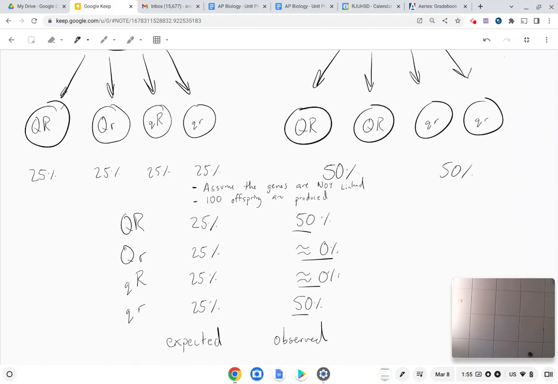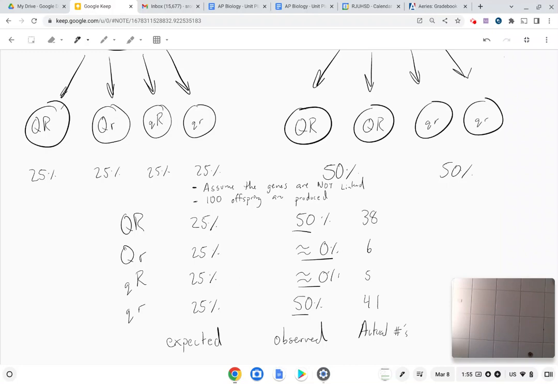So the question is, what are the actual numbers? So let's say that the actual numbers came out to be 41, 38, and then 6 and 5, let's say.